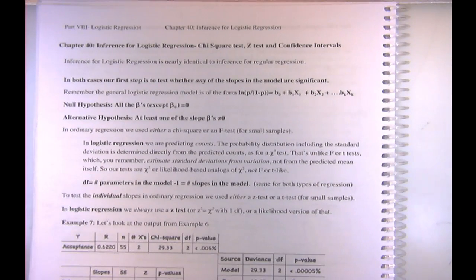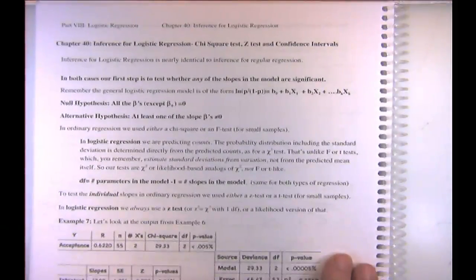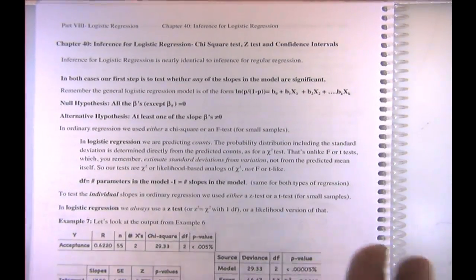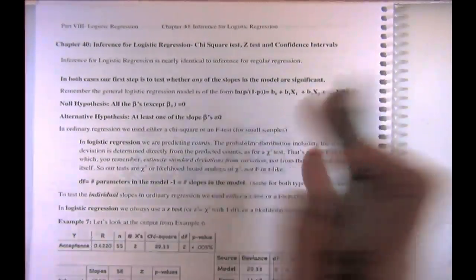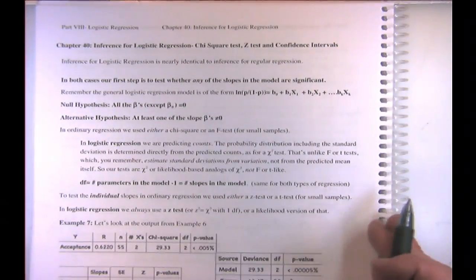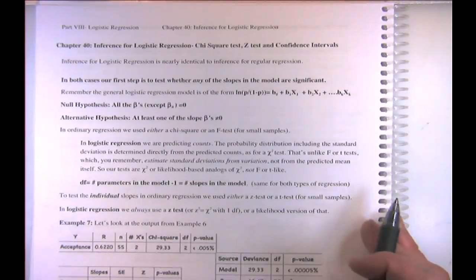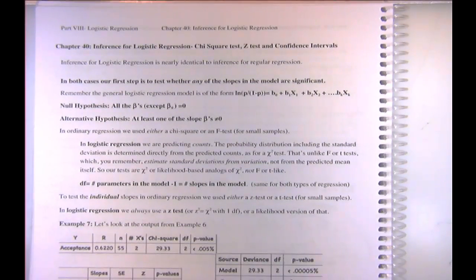And right now what you have online on Canvas to do is the last homework assignment covering chapter 40, Inference for Logistic Regression, and how to build confidence intervals for the slopes in the log odds model. You also have a practice test online that you can do multiple times.